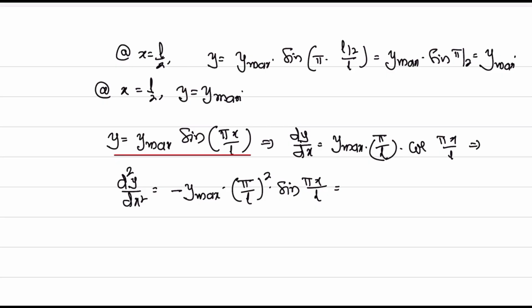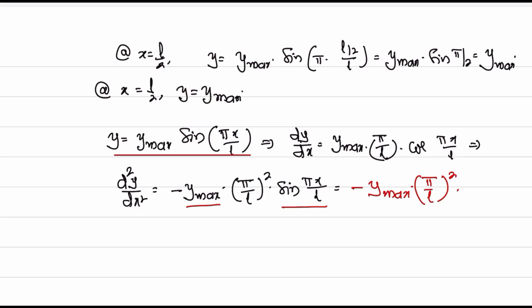That means this becomes y max into sin pi x by L, which is nothing but y. d square y by dx square is equal to, in terms of x, y max into pi by L whole square into sin pi x by L, or in terms of y, whatever is asked in the examination, we have to do.